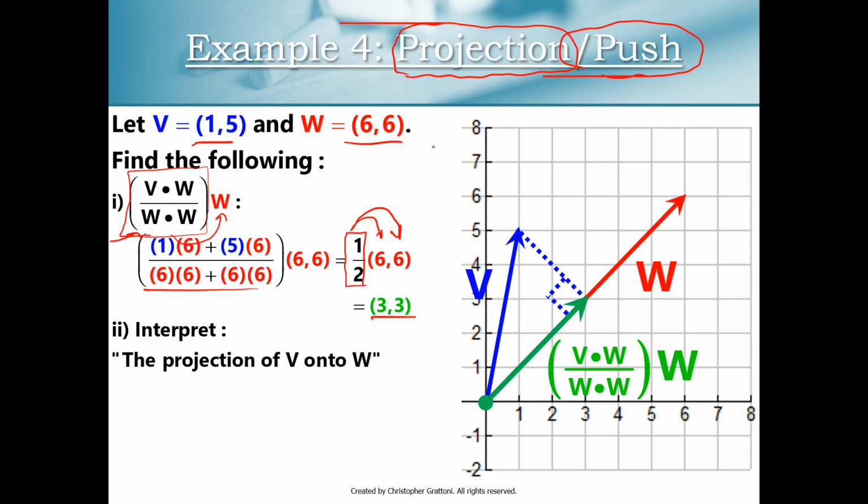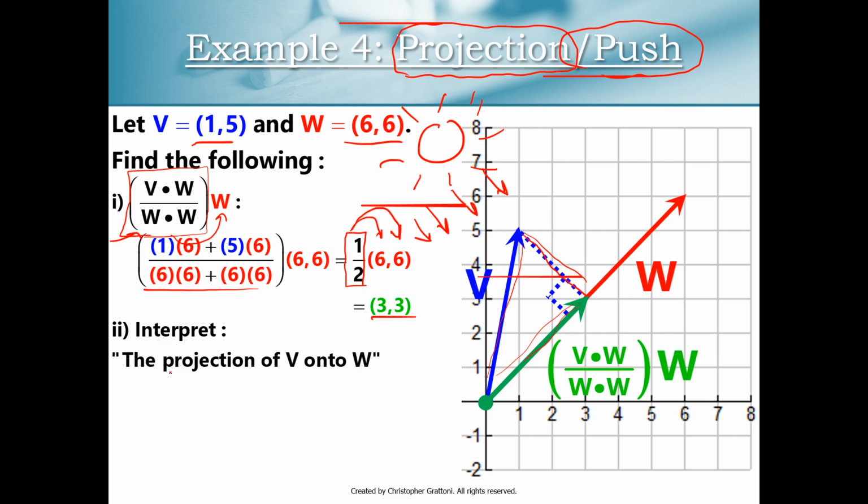You can imagine the sun is shining in the sky, and you have rays of sunlight coming down perpendicular to w. When those rays of sunlight hit v, we're projecting v down in a way that makes a right triangle here. So that's what you can imagine when you think of the term projection.